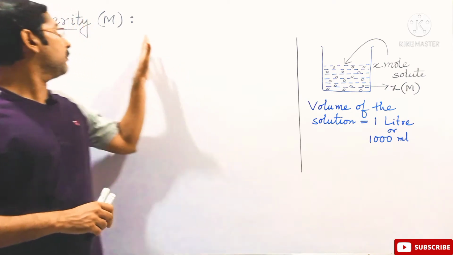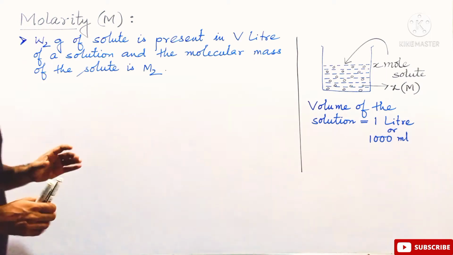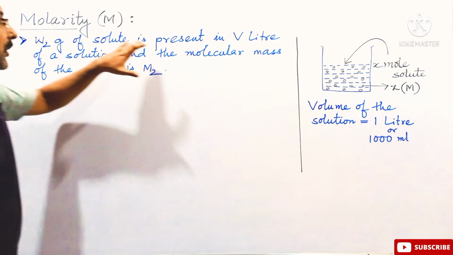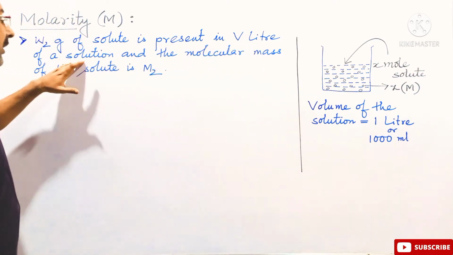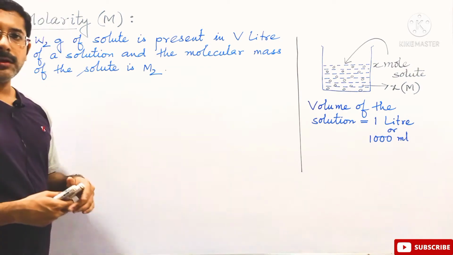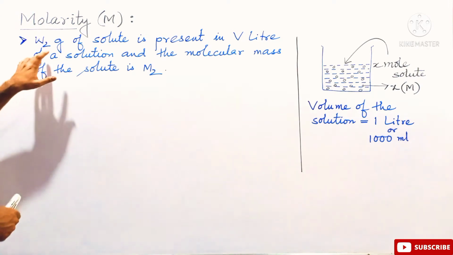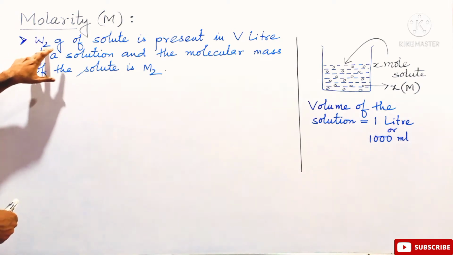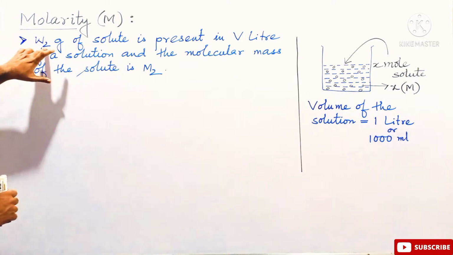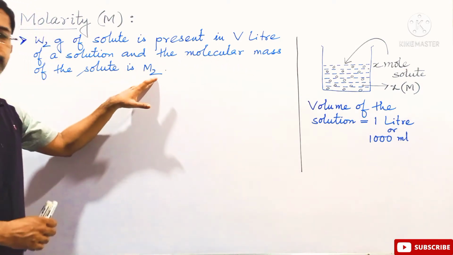Now we will estimate molarity of a solution quantitatively, right? So now let us consider a solution where W2 gram of a solute is present in V liter of the solution and the molecular mass of the solute is M2. One important thing to keep in mind: the mass of the solute is represented by W2 and the molecular mass of the solute is represented by M2.